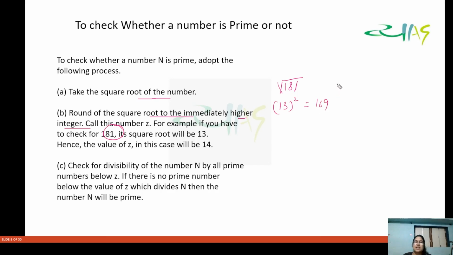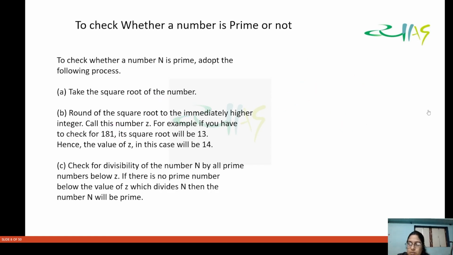Alright, 169. What is the square of 14? 196. Okay, 196 is the square of 14. So now this 181 will lie between the squares of 13 and 14. Okay, so its square root will also lie between 13 and 14. Okay, I hope everybody is clear with this.